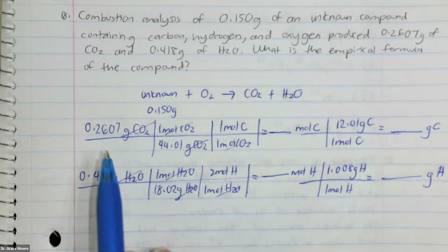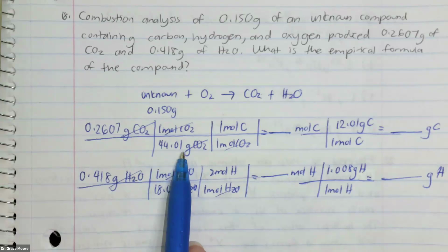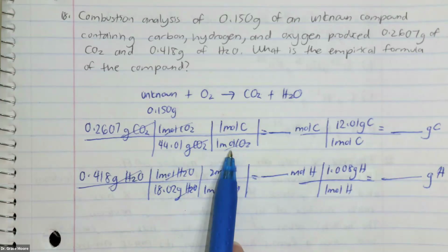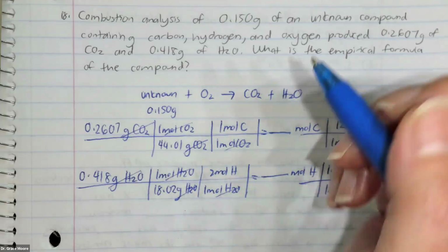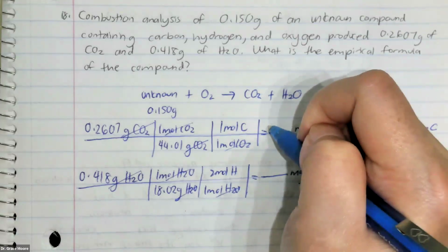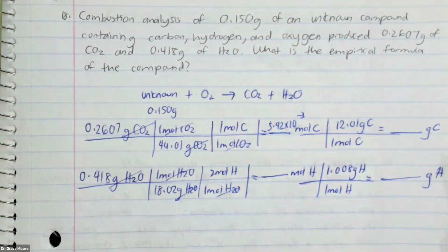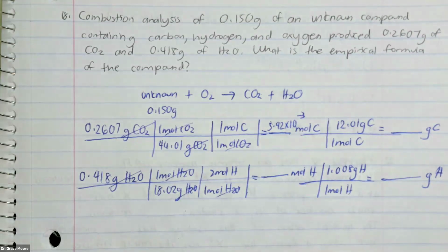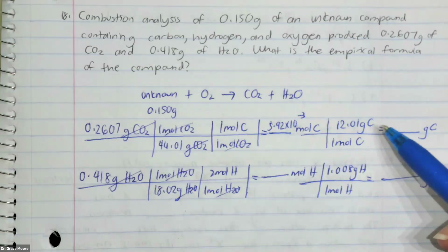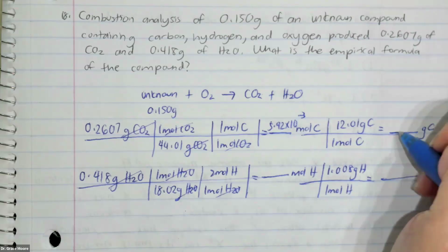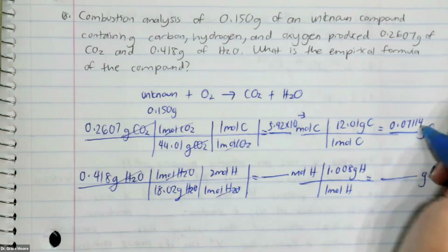If you put in your calculator 0.2607 divided by 44.01, this is 1-to-1, so I don't have to add that. You should get the moles of carbon. And the moles of carbon is really small, so I'll write it down. It's 5.92 times 10 to the minus 3. Okay? Small number. And then you keep going on your calculator, what that number is, and you times 12.01, you should get grams of carbon. 0.07114.